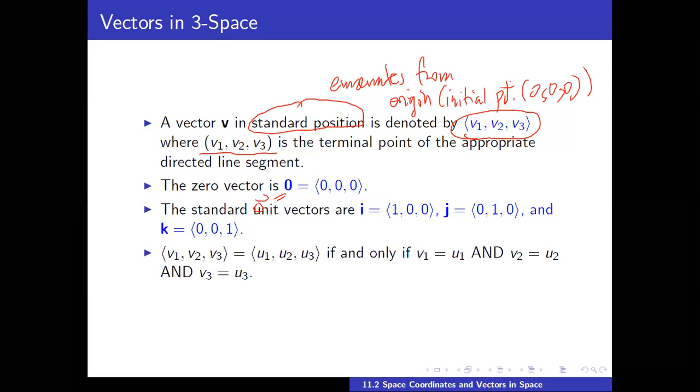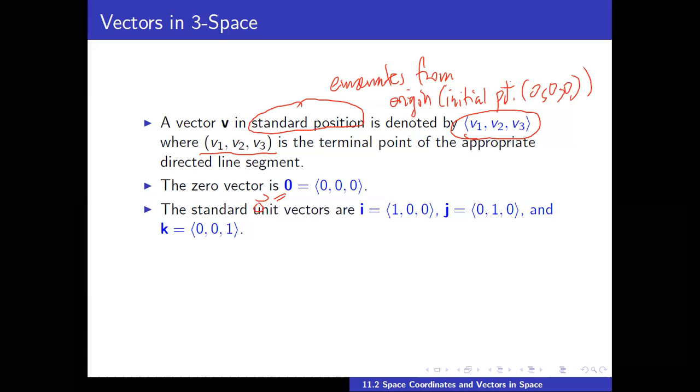And of course, let me just write this down right here. If V were equal to V1, V2, V3, written in component form, how could I write this in IJK form? What would be the way I would write this in IJK form?